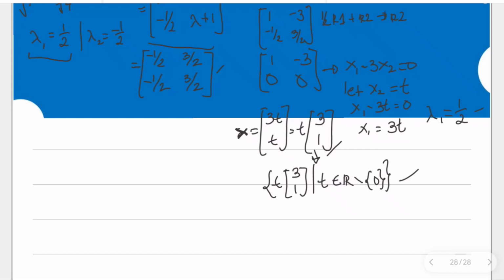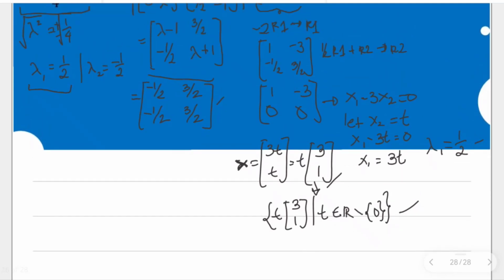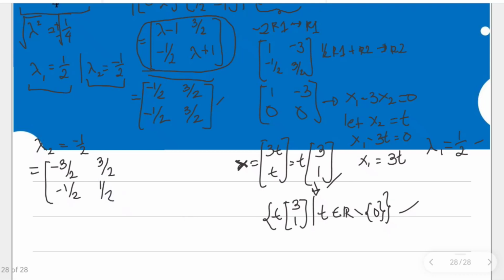The next set is where we're going to use the next eigenvalue. So we will have this when our eigenvalue is negative 1/2. Our matrix here will be: negative 1/2 minus 1 is negative 3/2, you have 3/2 here, then you have minus 1/2, then negative 1/2 plus 1 is 1/2.